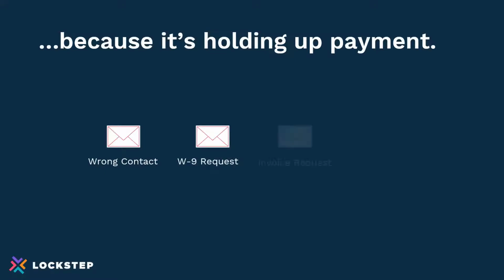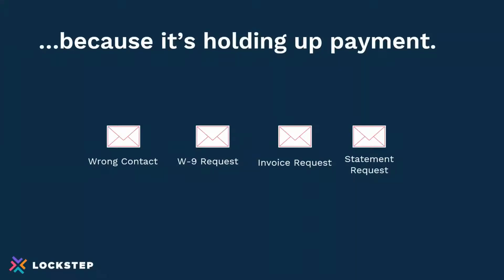And it's frequent to have customers request another copy of an invoice as they lost the last one. Before finalizing payments, oftentimes customers may ask for a statement at the end of the month so they can reconcile their accounts payable. So these are things that hold up payment and increase your DSO. Being able to get in front of this and allow customers to do self-service actually reduces the DSO.